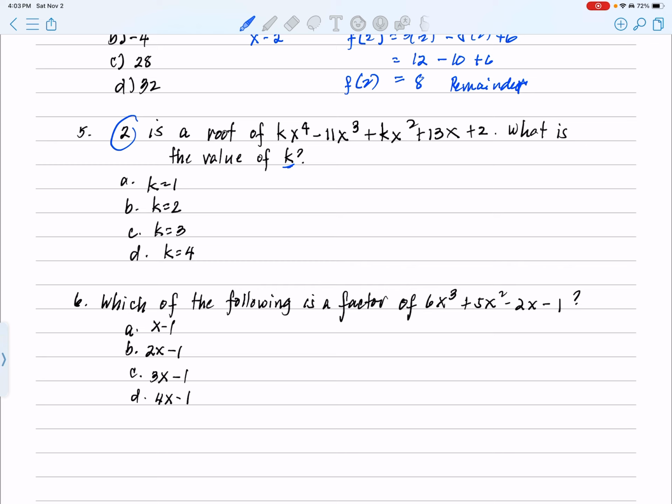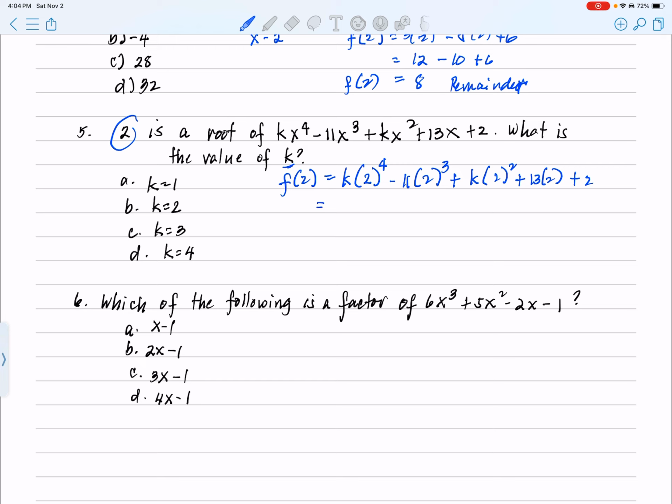So what you're going to do is make that f of 2, replace x with 2 in the given polynomial, and find the value of k. k times 2 to the 4th minus 11 times 2 cubed plus k times 2 squared, plus 13 times 2 plus 2.